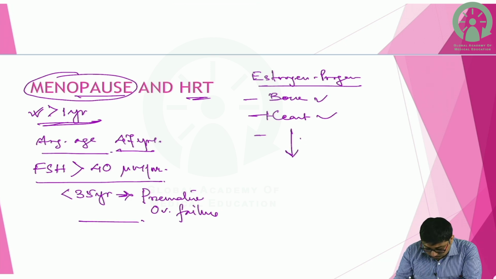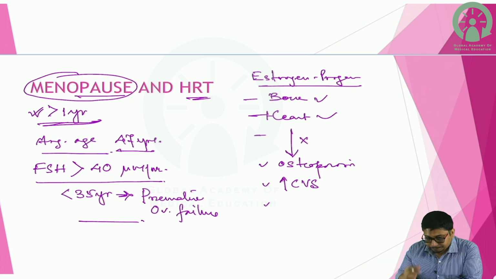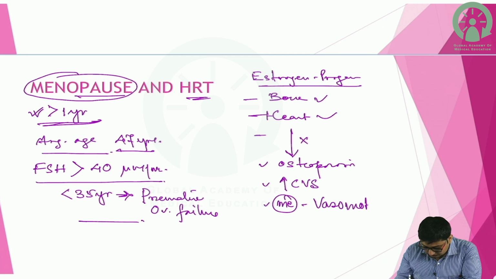So once estrogen is gone, there will be osteoporosis of brittle bones, increased risk of cardiovascular sequelae, and also the most common vasomotor symptoms, like hot flushing.